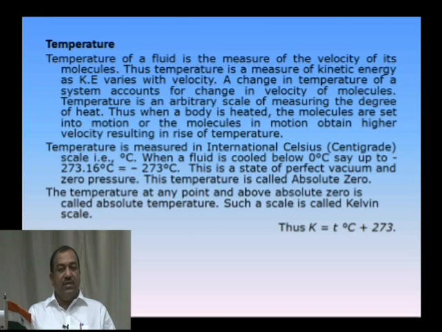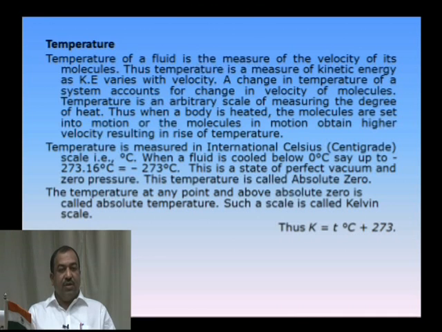When a fluid is cooled below 0 degree centigrade, say up to minus 273.16 degree centigrade, that is minus 273 degree centigrade, this is a state of perfect vacuum and 0 pressure. Minus 273 degree centigrade is called as what? Perfect vacuum, state of perfect vacuum and 0 pressure.